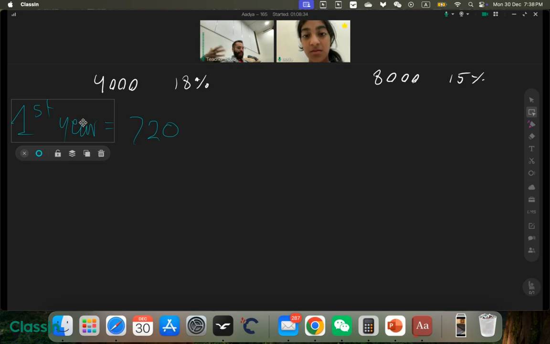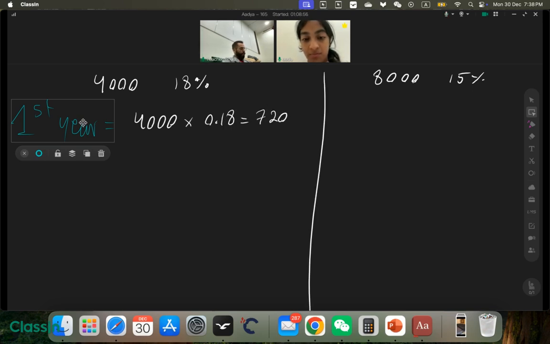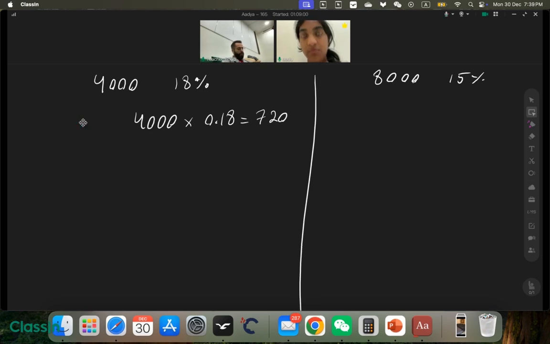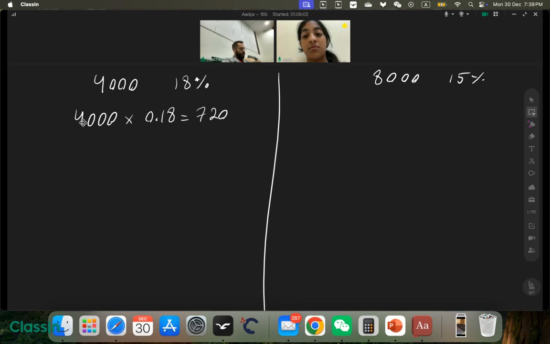That is the interest for the first year. So please organize your thoughts properly. Organization is key. 4,000 times 0.18 is 720. Boom. And try not to write first year because it's taking a lot of space. Just write first.